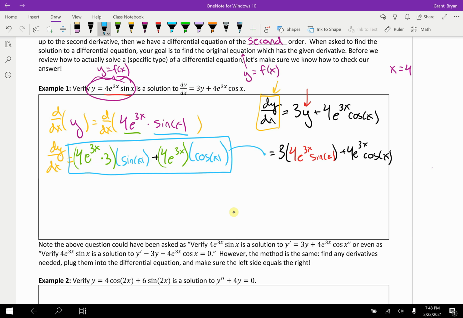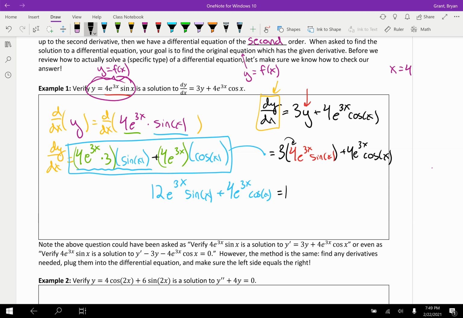Well, if I drop the parentheses on this left side, I'll keep it in blue since I boxed it in blue. This first piece over here, 4 and 3 makes 12, so I'm seeing 12e to the 3x sine of x, and then plus 4e to the 3x cosine of x. And the question becomes, is that equal to what's on the right side?